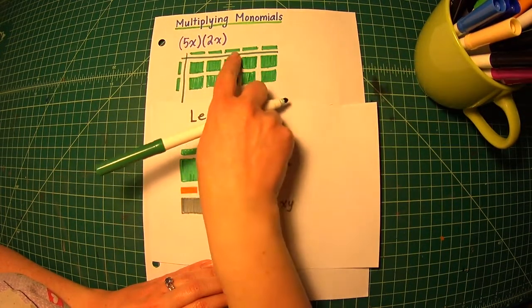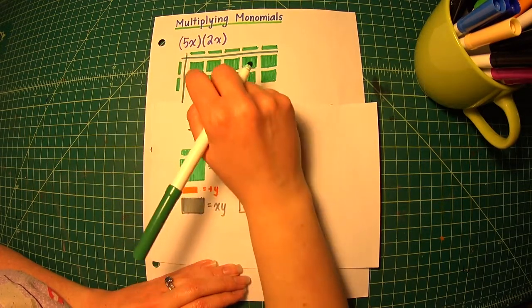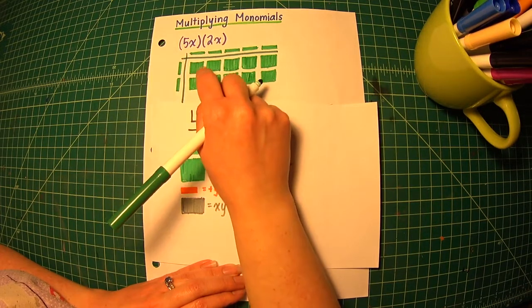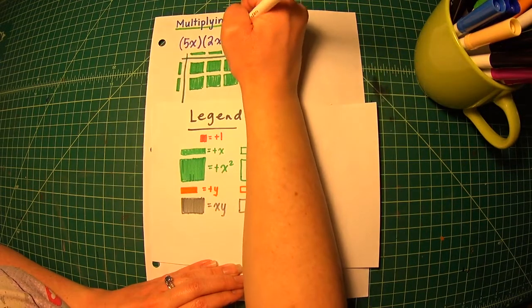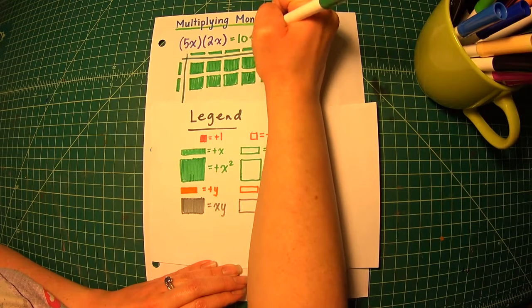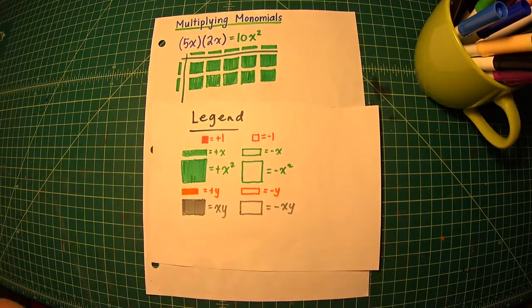Now I just count up what I'm left with inside of my frame. We know these are all positive x squared, and I've got 2, 4, 6, 8, 10 of them. So my answer is positive 10x squared. That's how I use models to solve monomial multiplication.